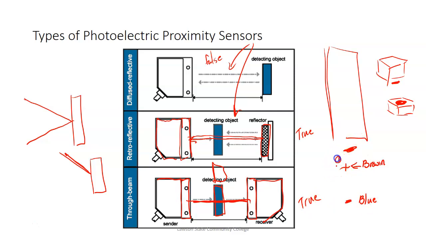Brown, I think, is pin 1. Minus is pin 3 on the pin numbers. And then the signal wire is going to be black, and it's going to be on pin 4. Black is going to be a normally open.